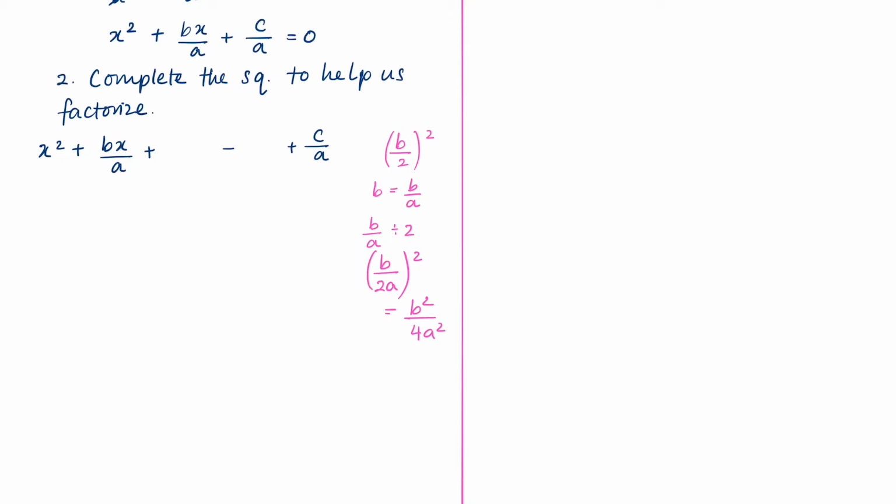So now filling in the original equation, I'm going to have b squared divided by 4a squared, and I'm going to minus that by b squared divided by 4a squared. I'm going to still let that equal 0. Now with step 3, we are going to factorize the first 3 terms as a perfect square.